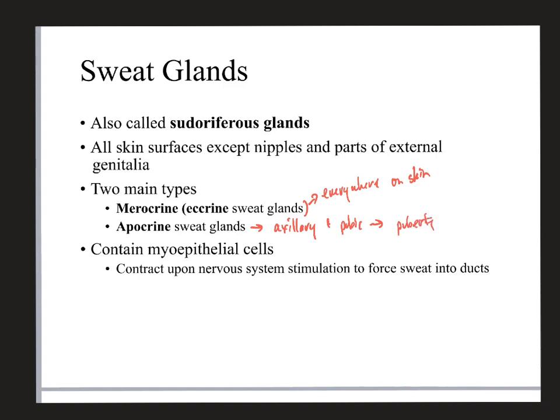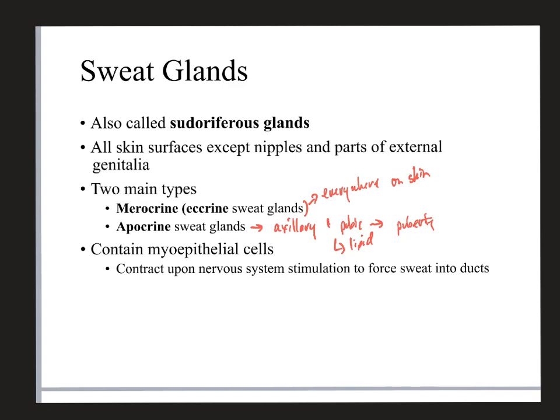And they produce a different kind of sweat. Not a different kind of sweat, but the sweat has a different consistency. It actually includes a kind of lipid byproduct that is present in the sweat from the apocrine sweat glands.